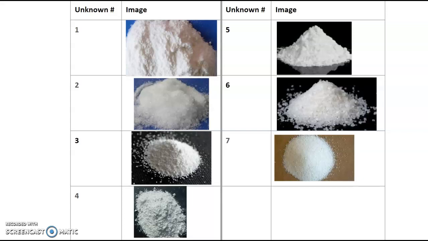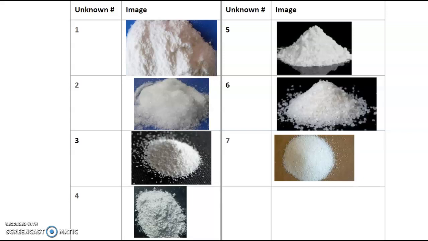You might be able to make some tentative predictions based on the appearance, but really overall it's very hard to tell these apart simply by their appearance and texture, especially because most of these compounds can be ground into really fine powders, and they would all look identical in that case.